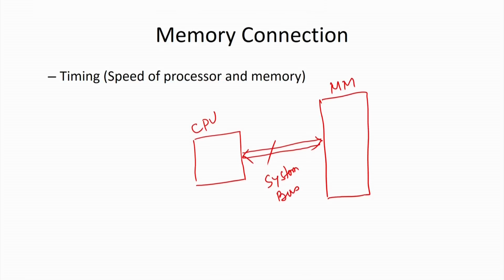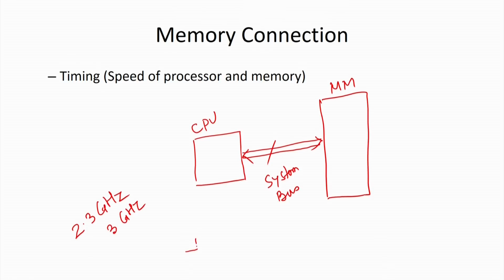Now, most of you work with a computer, and you generally say that you have a computer that works at, say, 2.3 gigahertz. Or sometimes you may say you have a processor which works at, say, 3 gigahertz. So, what does it mean? Basically, this is the operating frequency of the processor.